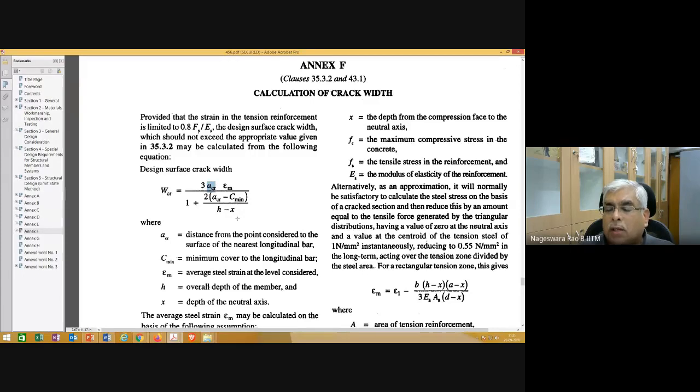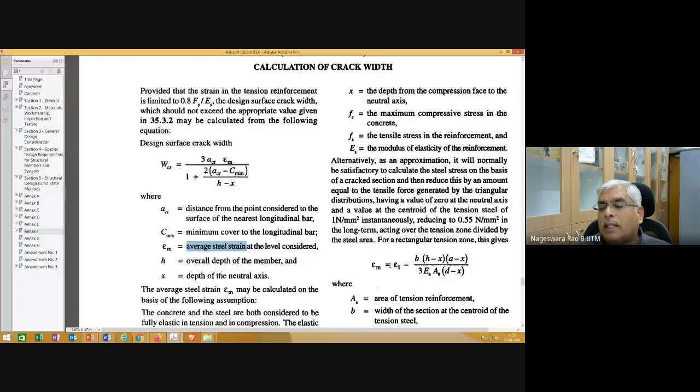Just now we discussed how to calculate ACR. Epsilon m is the average steel strain at the level considered. Just make a note of it, we'll see how to calculate that. How to calculate this epsilon m is what is given in the other equation.